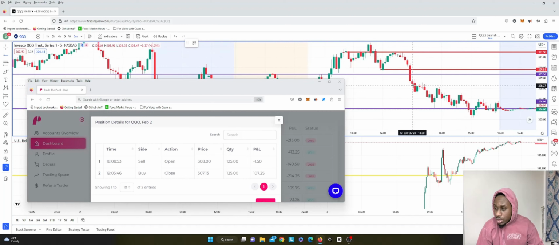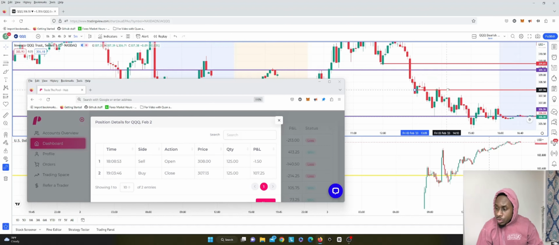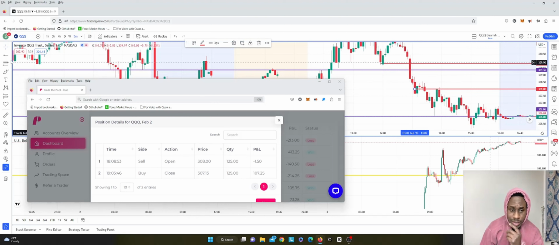So 308, and this was on the 1105 candle. 308 flat. Okay. 308 flat. Come on. Perfect. 308 flat. And then I closed the trade when it rebounded.